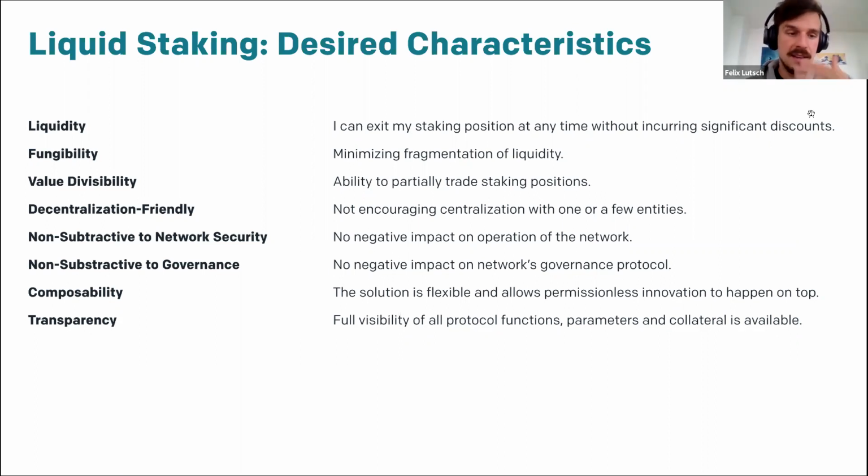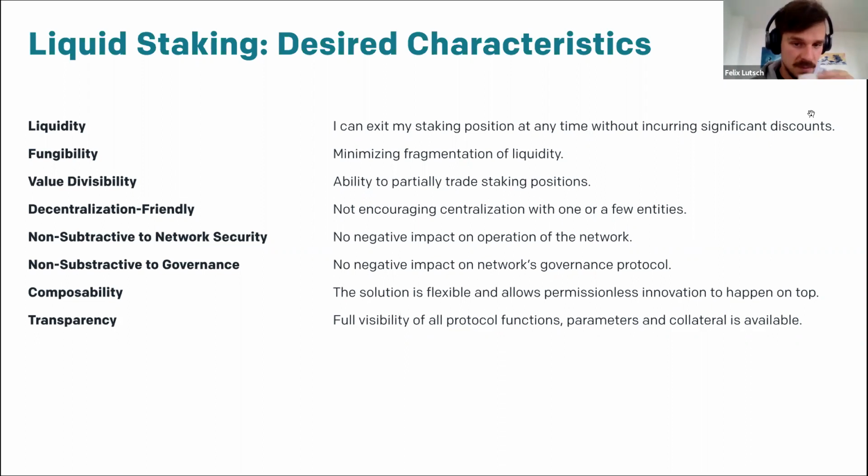And then finally, points about using it in DeFi, so this composability, right? If we have tokenized stake, then this can become a money Lego block for DeFi innovation. So an ideal solution would have this feature, and it should be quite flexible, so that other DeFi applications would actually want to use this tokenized stake.